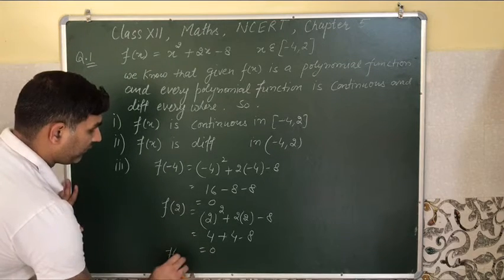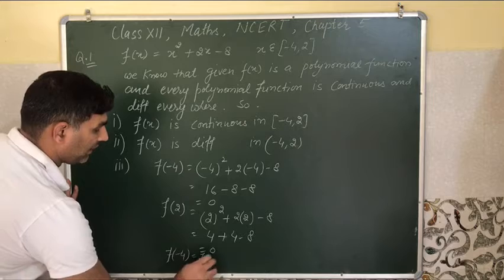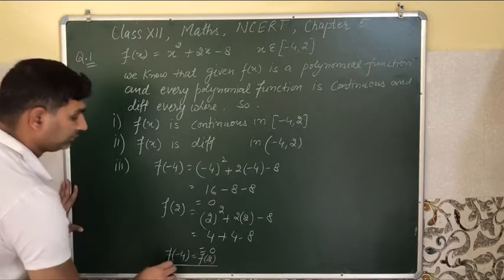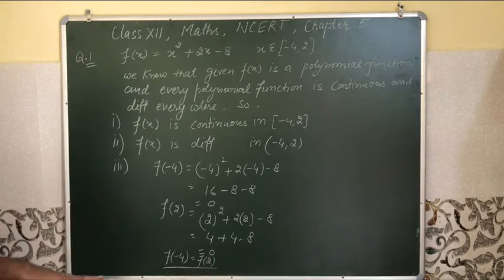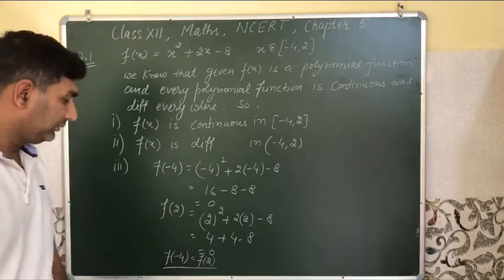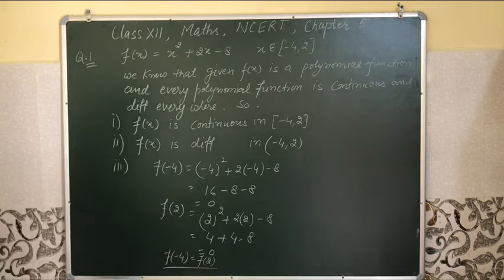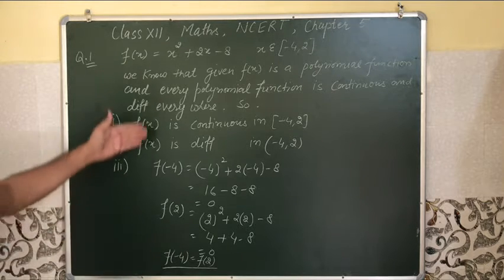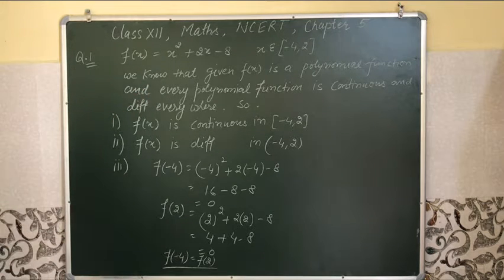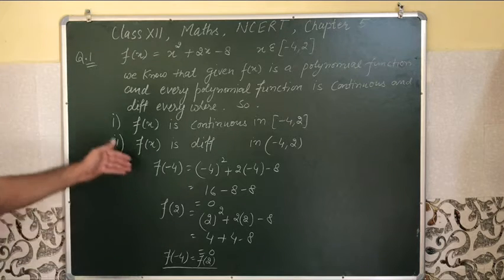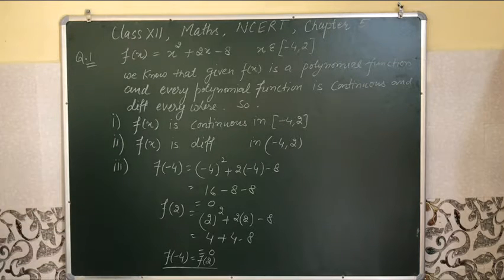Then f(-4) is equal to f(2). Therefore, the three conditions of Rolle's theorem are verified. The necessary conditions are applicable for this function. That means three conditions are satisfied. Then we can say that Rolle's theorem is applicable for this polynomial function.